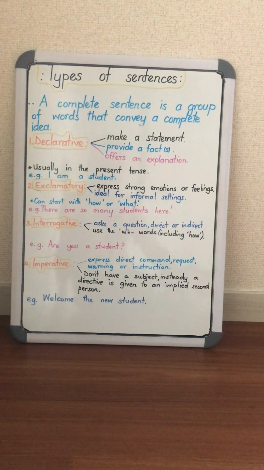Right. The second one are exclamatory type of sentences. These ones express strong emotions or feelings, and usually they are ideal for informal setups.